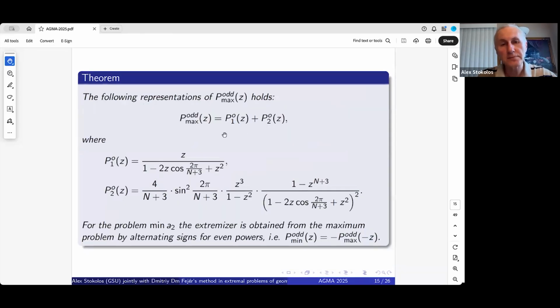And we have found the compact, closed form for this polynomial, but in a very interesting way, as a sum of two rational functions. Surprisingly, it turns out that working with rational functions is more doable and pleasant than working with polynomials.